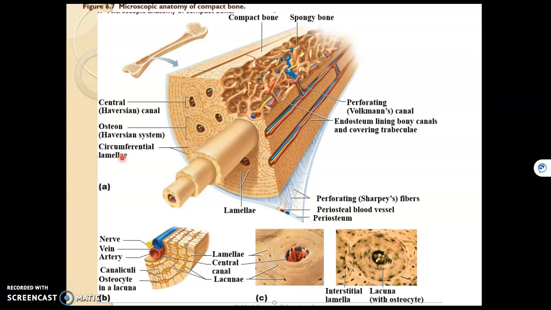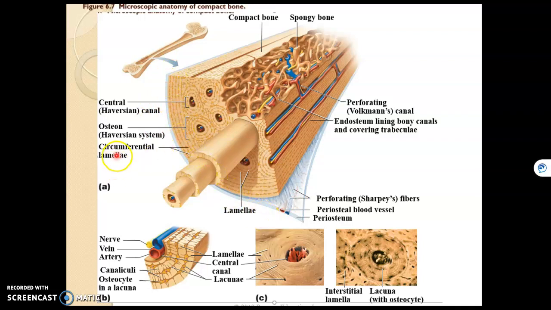Another important note on this slide that you'll see written up for you further in this video is we've established that these are lamella in the osteon, which means layers. You can see the different lamella in each osteon. You'll also have layers or lamella running around the entire perimeter of the compact bone.